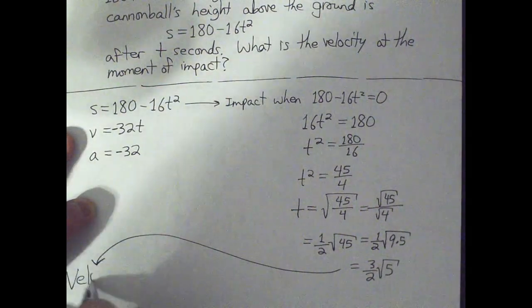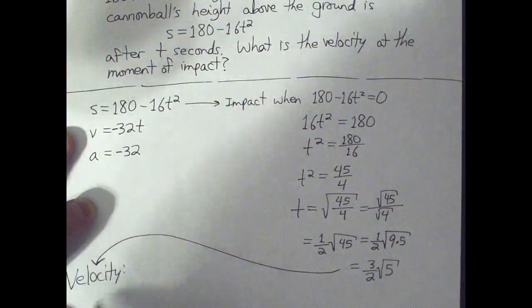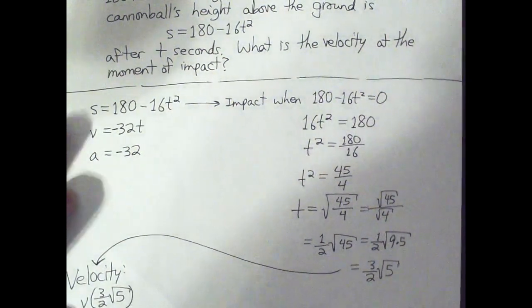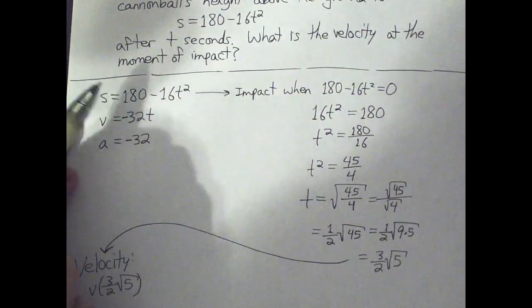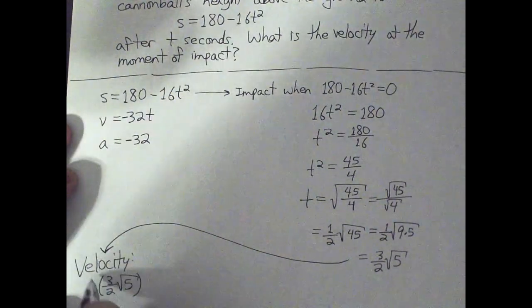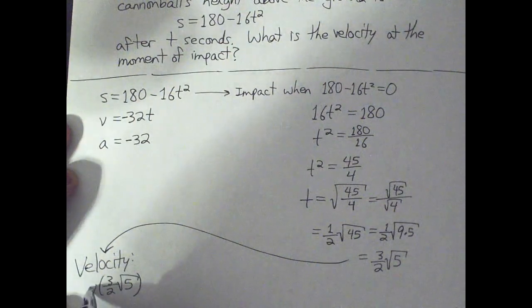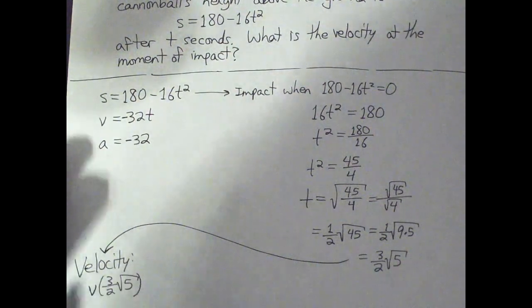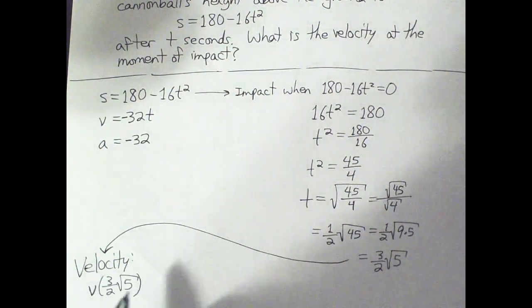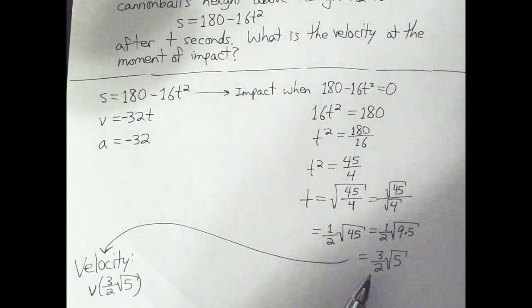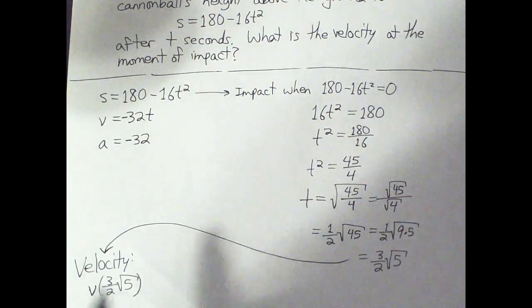So let's find the velocity at this moment. We know the t-value. All we have to do is put it into v. I'm glad that we found s, v, and a. It looks like we're probably not going to need a after all, but it only took a second to find it. Yes, v of this is going to be the velocity at the moment of impact.